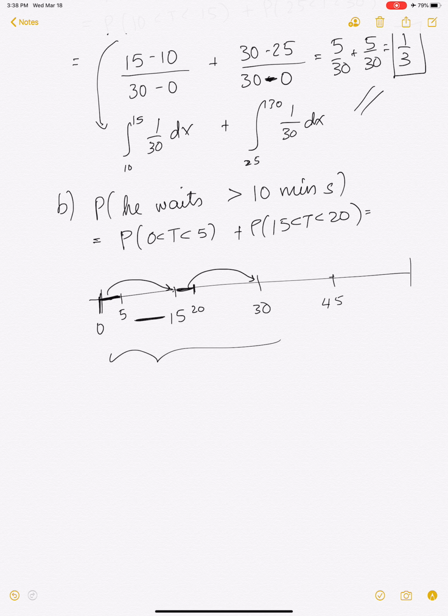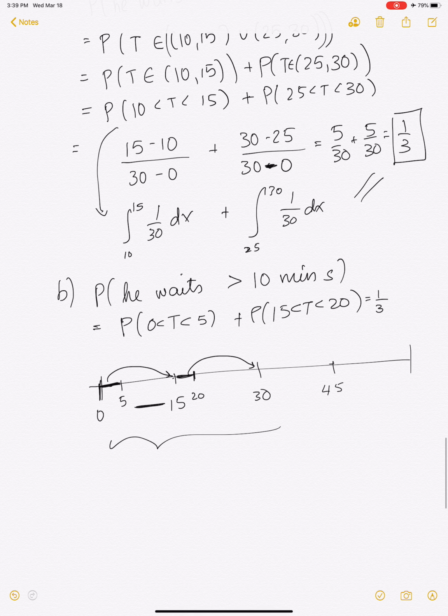And same thing, you'll have 5 over 30 plus 5 over 30, 10 over 30, and you can do the integration also, and you get the same thing, that the probability that he waits more than 10 minutes is also 1/3. And well, what's remaining? Less than 5 minutes, more than 10 minutes. So the probability he waits between 5 and 10 minutes will be 1 minus 1/3 minus 1/3, also 1/3. Just an observation. They're not asking you that in this question. Okay?